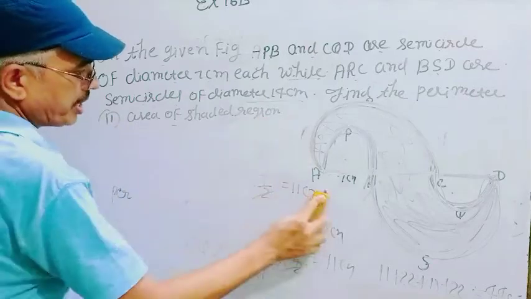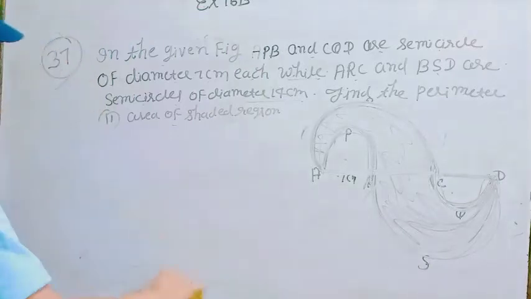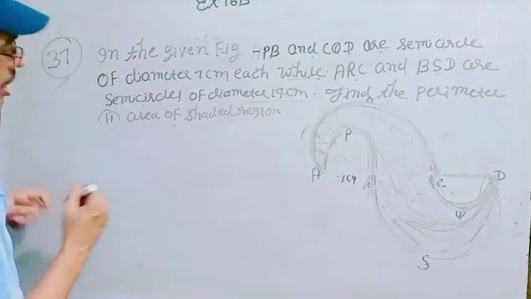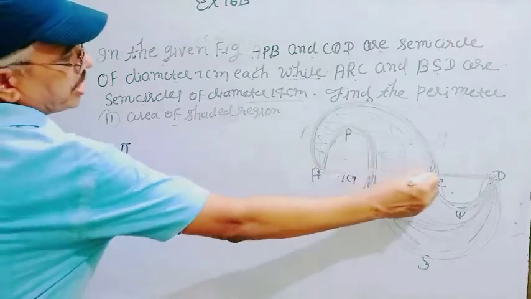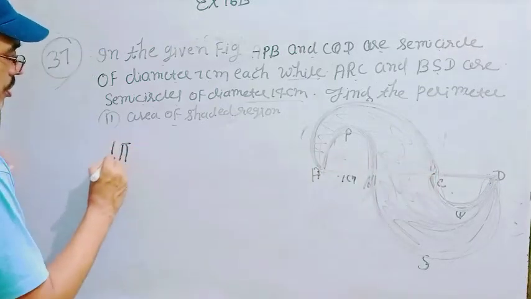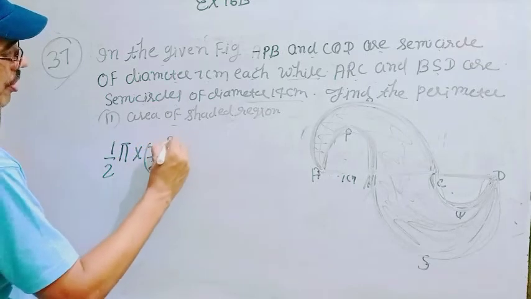So the second part is the area of the shaded region. So dear students, we add and subtract the areas of semicircles, that is 1 by 2 pi r square.